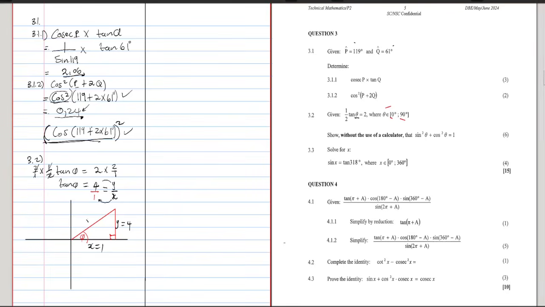What's missing now is the r value, the hypotenuse. We use Pythagoras theorem to work it out. So we're gonna say r squared is equal to x squared plus y squared, x is 1, y is 4, equals r squared.